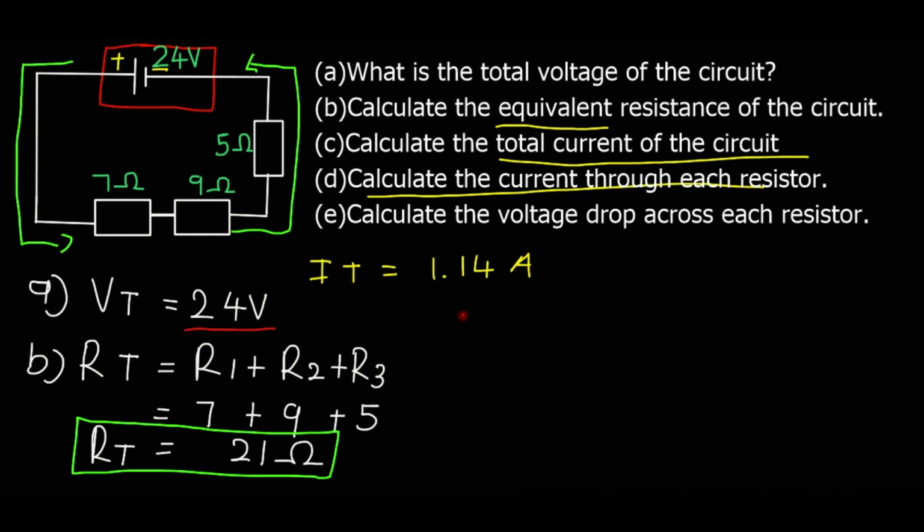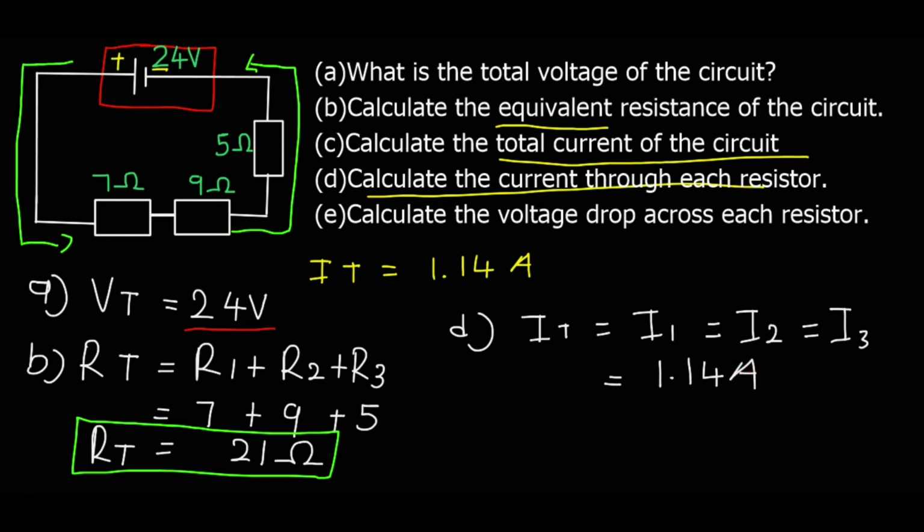Therefore the answer for part D is that I total is equal to I1 is equal to I2 is equal to I3, which is 1.14 amperes. So that is the current of this resistor and this resistor and this resistor, because for series connections current is the same everywhere. So this is our answer for part D.